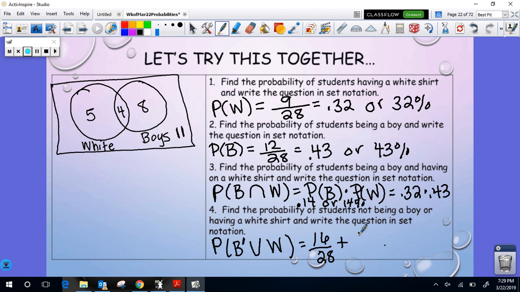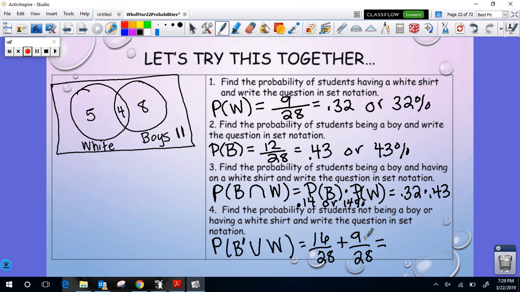So the probability of having on a white shirt is 9 over 28. And if you notice, I am not going to subtract out anything in this problem because not being a boy and white shirts do not overlap each other. Not being a boy, which is the girls down here, and having on a white shirt, those two do not overlap with each other. So I'm not going to do any subtraction for this problem.